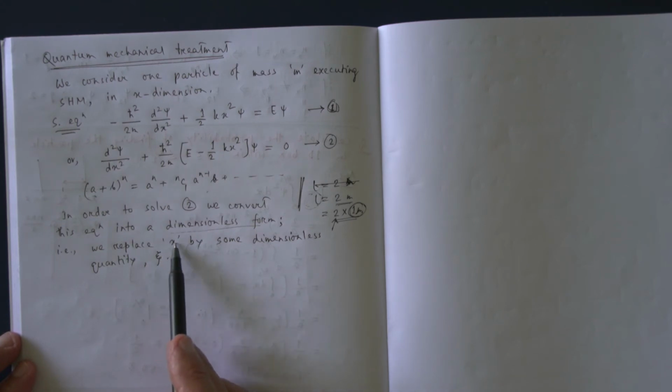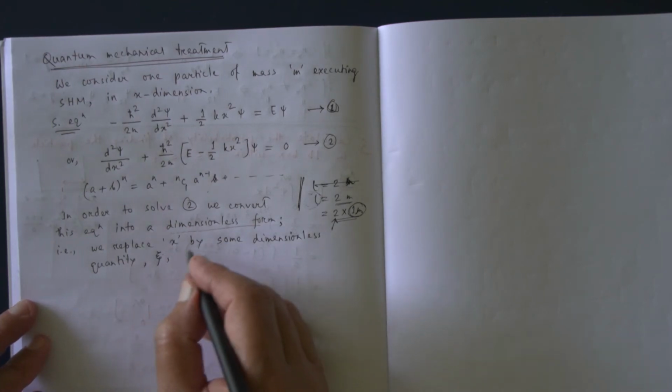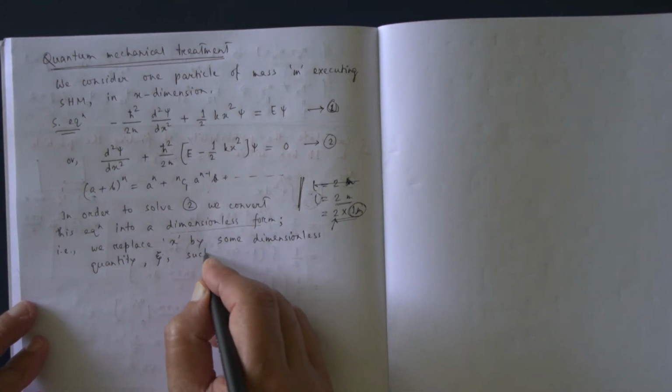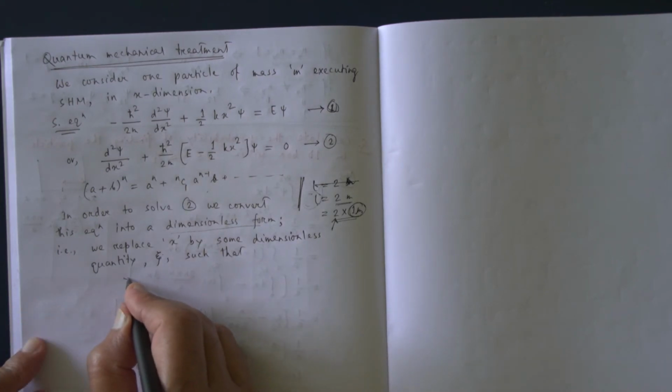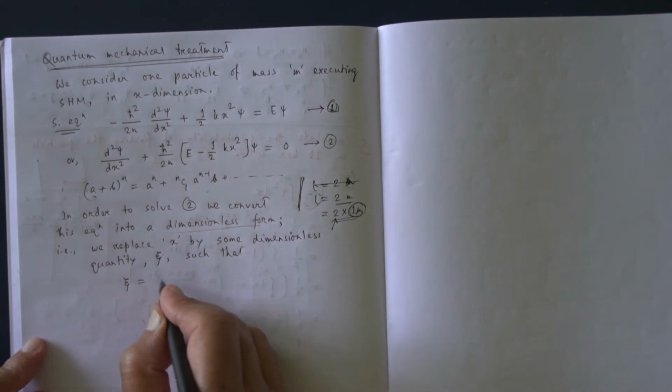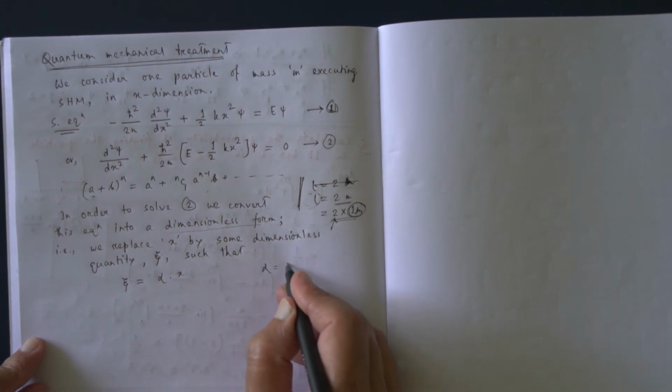Now we must have a relation between xi and x. The relation is such that xi equals alpha x, where alpha is a constant.